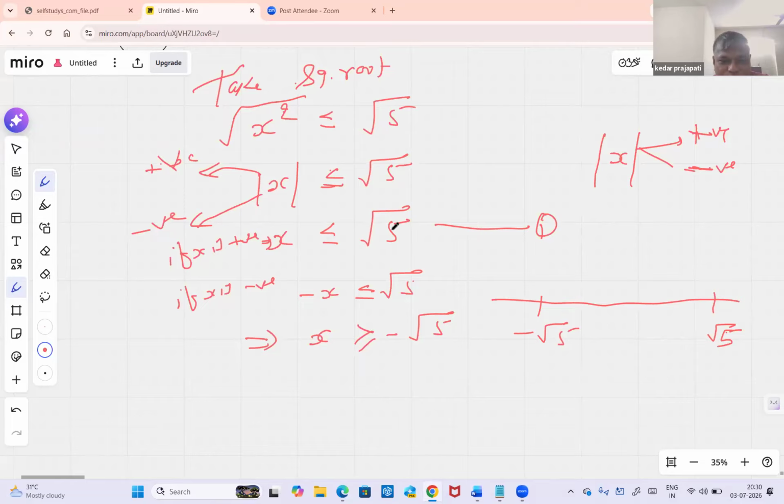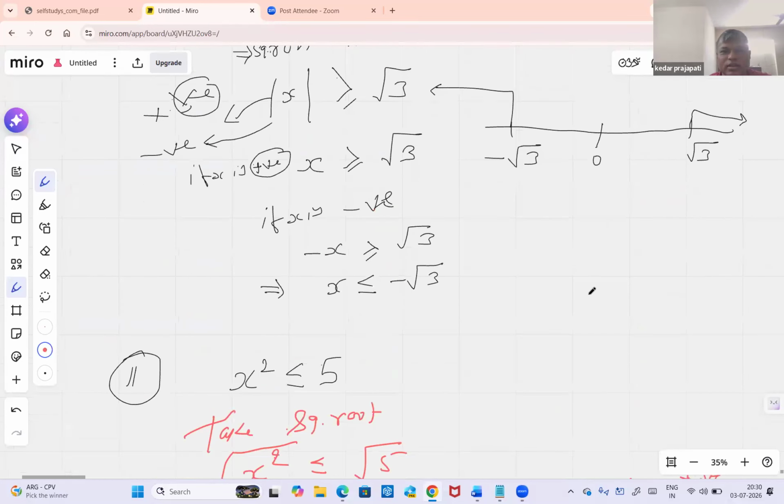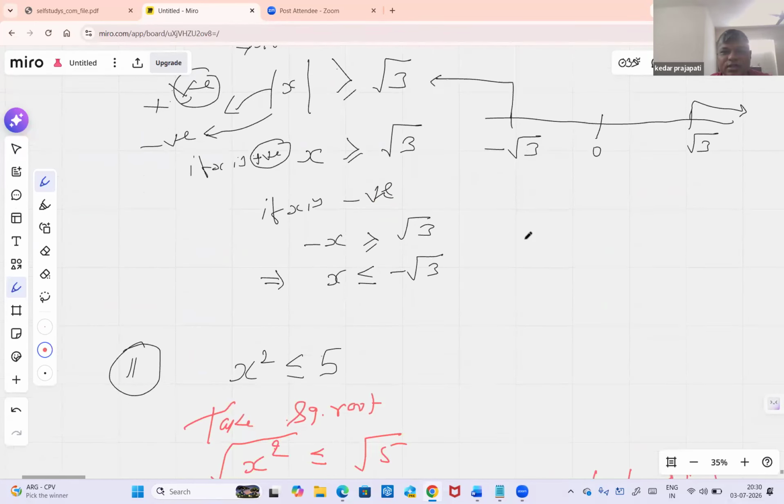So x is going from root 5 to minus root 5. So x will be somewhere here.